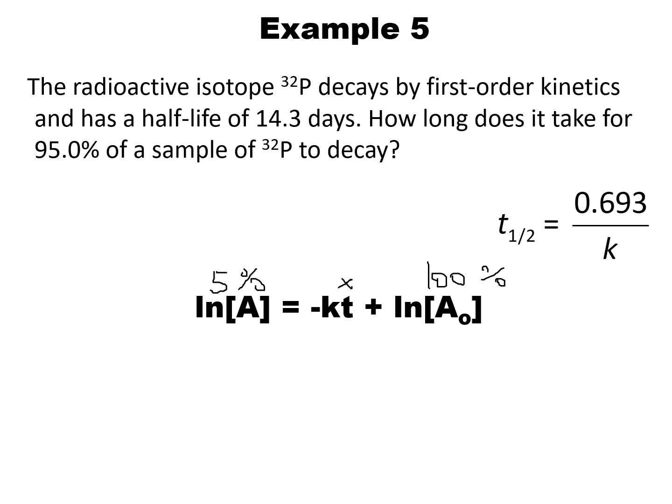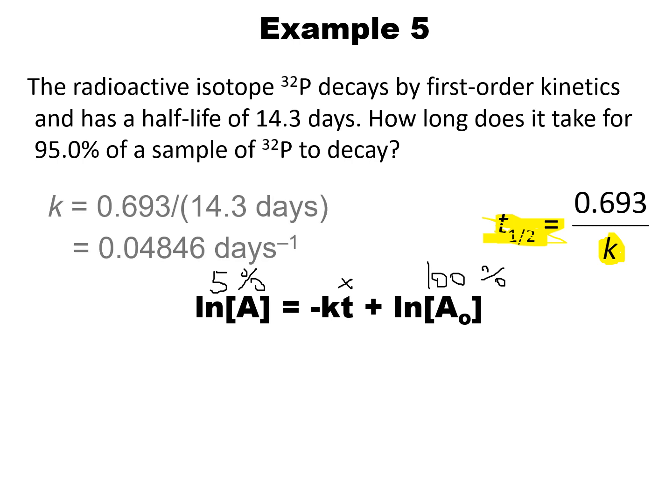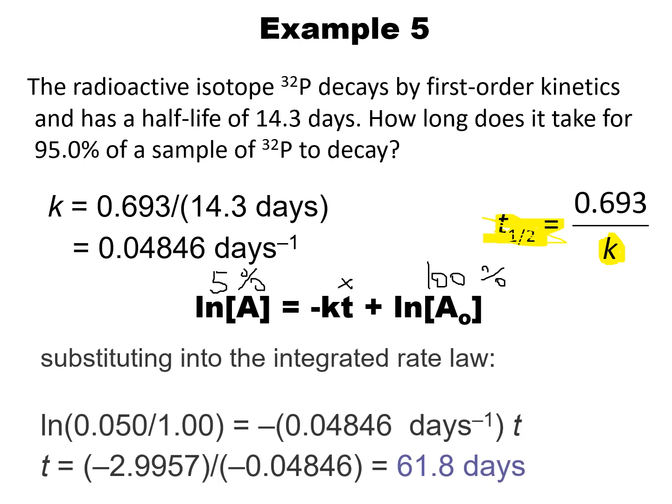Knowing the half-life allows us to calculate K. So we can calculate K this way, by dividing 0.693 by the half-life, which gives us the value of K. And now we can just, to quote you guys, plug and chug, substituting into the integrated rate law.